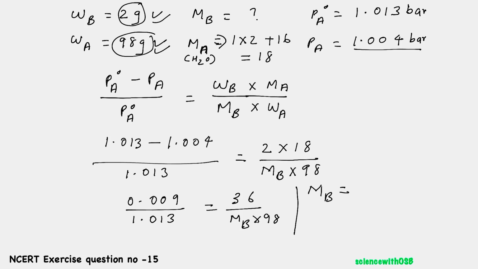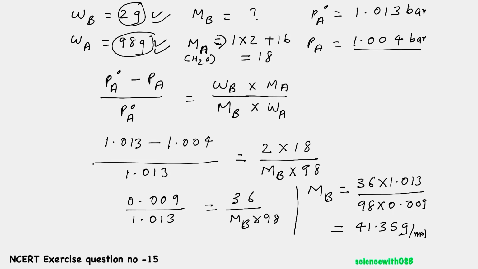MB is equal to 36 into 1.013 by 98 into 0.009. On calculating, you will get 41.35 gram per mole. So what is the molar mass of solute? The molar mass of solute is 41.35 gram per mole.